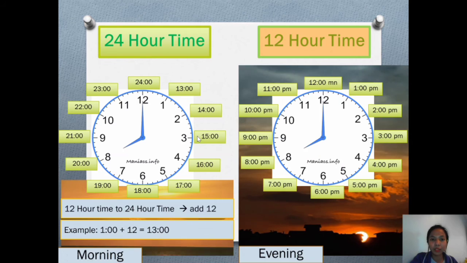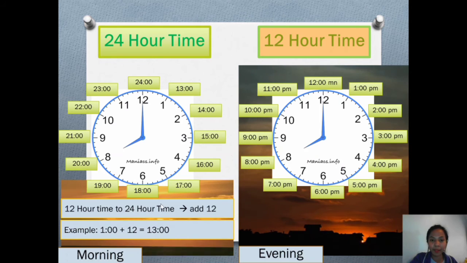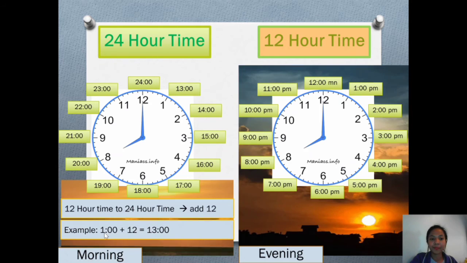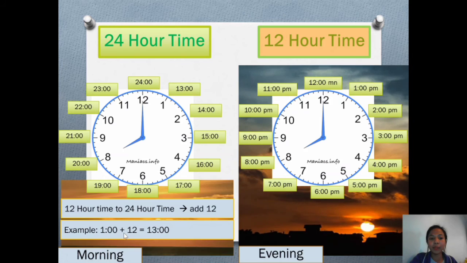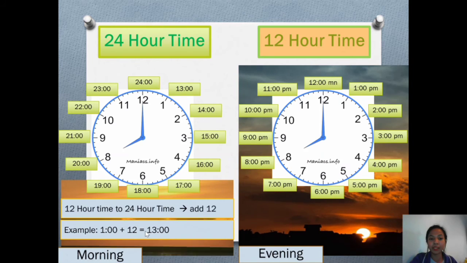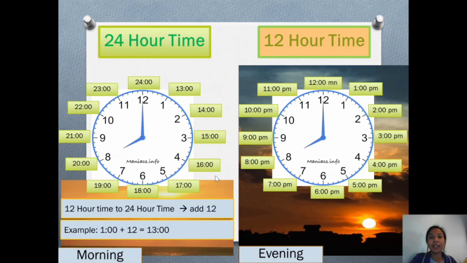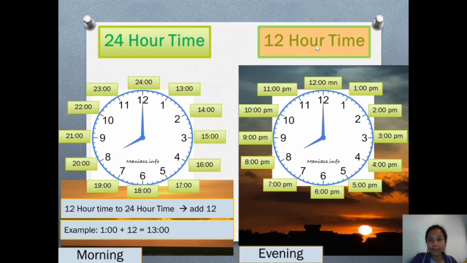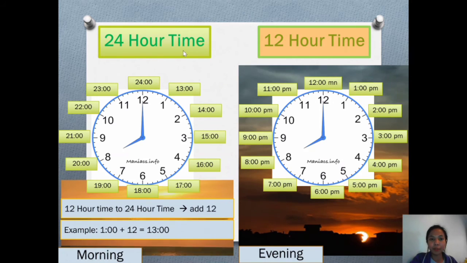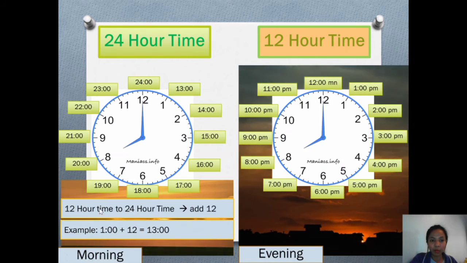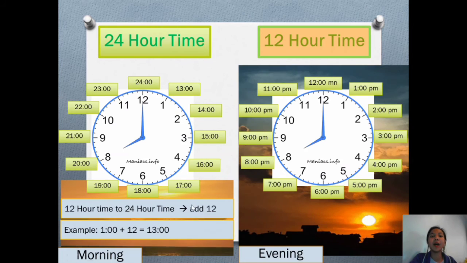To convert it to 24-hour time, just add 12. 1 plus 12 equals 13. So we have now 1300 time. Again, from 12-hour time to 24-hour time, just add 12.